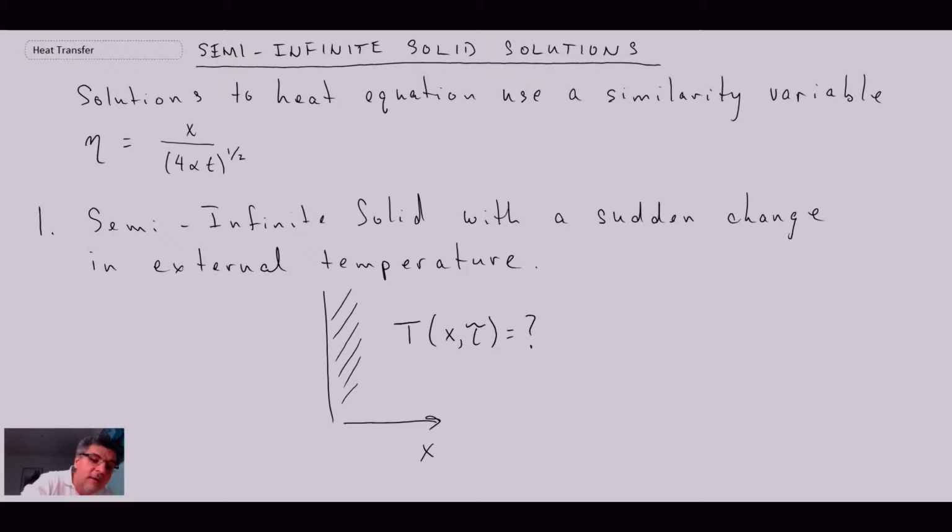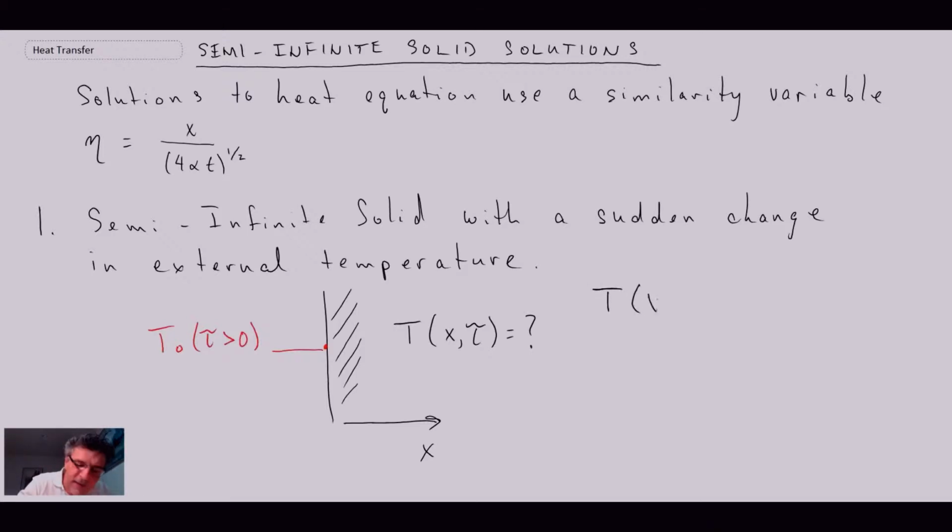And what we do is we change the external boundary condition by changing the temperature on the surface. I'm going to give that the symbol T naught, and that's for time greater than 0. So as we start the time, we'll change the surface condition.